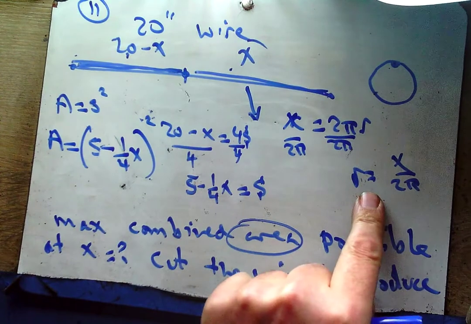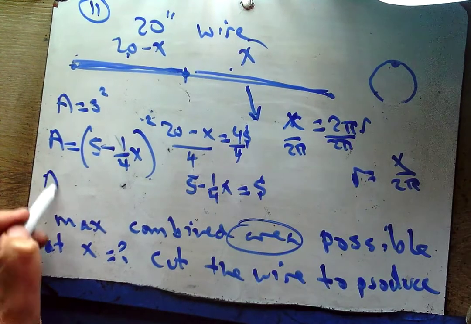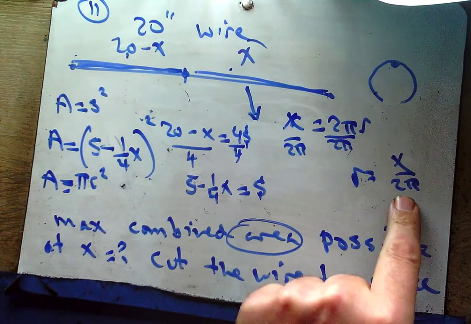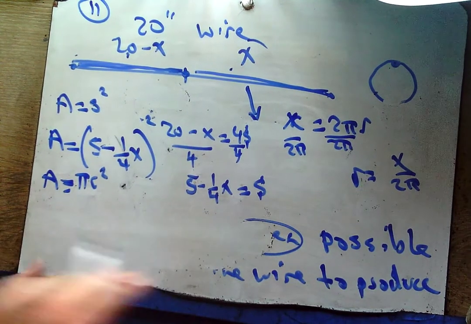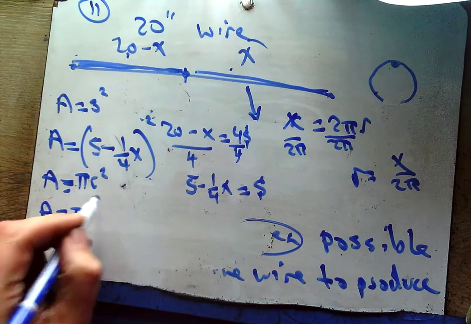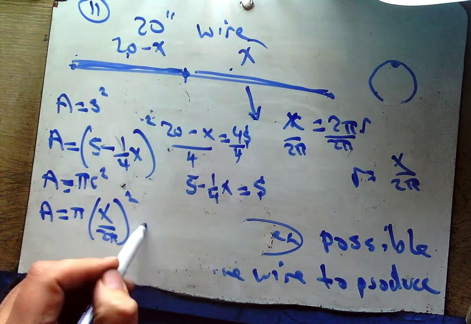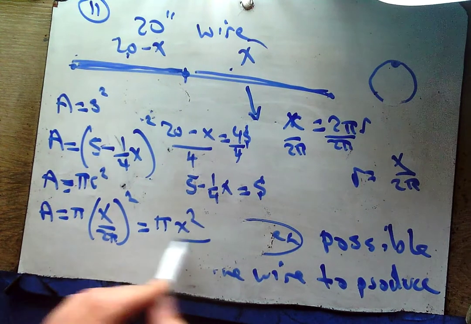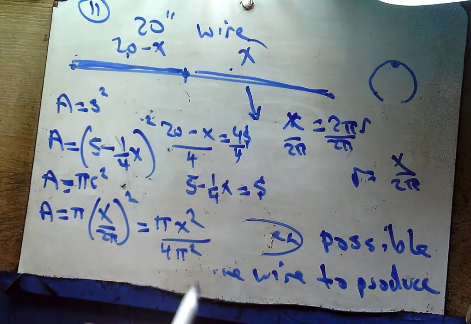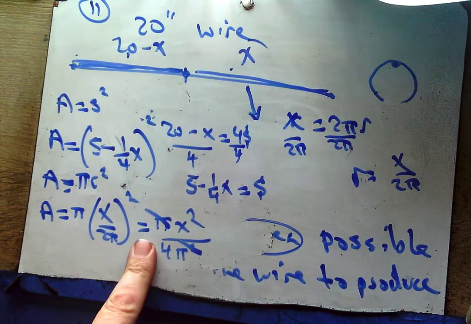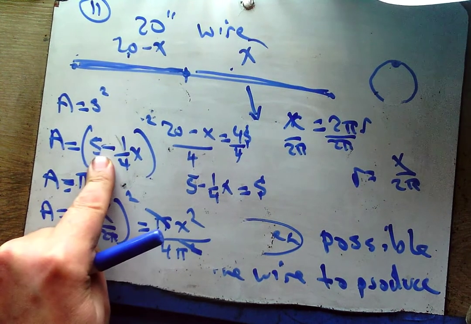And over here, the area for this shape is pi r squared. And the radius is x over 2 pi. So A equals pi times (x over 2 pi) squared, or pi x squared over 4 pi squared. That can cancel with that. So I've got an area formula.